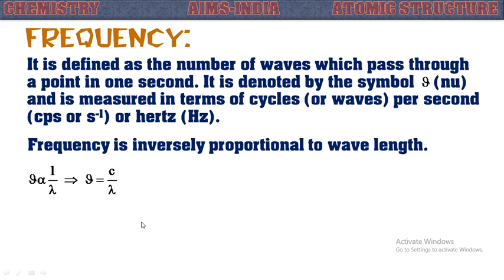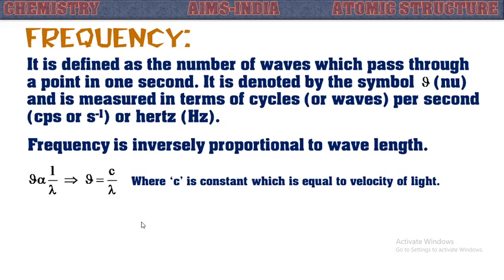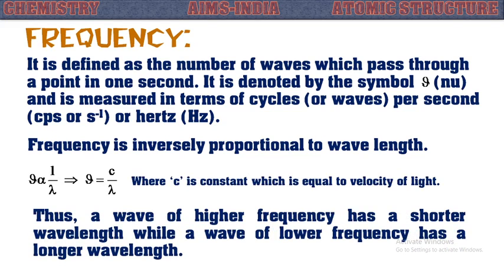To remove the proportionality, a constant c is taken, which is equal to the velocity of light. Thus, a wave of higher frequency has a shorter wavelength, while a wave of lower frequency has a longer wavelength. As we said, frequency is inversely proportional to wavelength.